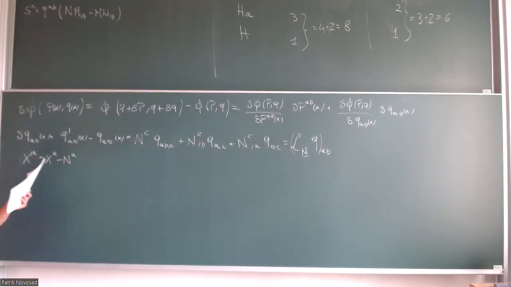Can I also ask about the notation? Can you please remind me, when you have a prime, it does not mean derivative with respect to x? No, that's just a coordinate transformation. So it's just a new coordinate.